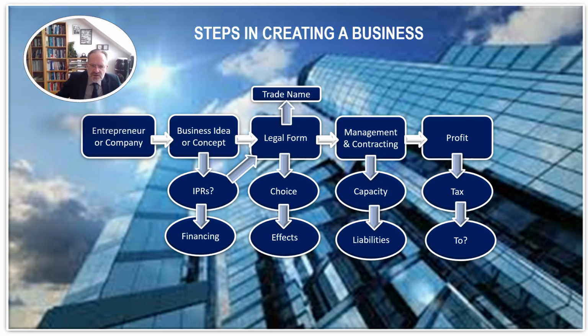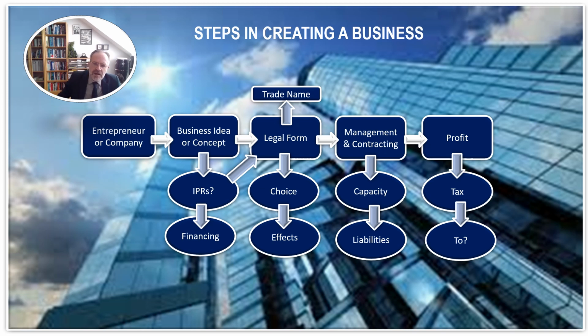Once that is done, you may choose to start operating, and then you need what we discussed, a legal form. That includes a trade name, a name for the company. You choose a legal form, realizing that the choice has effects. Effects with respect to, for example, liability, and effects in other areas. Then the management starts operating, and part of that operating is contracting.